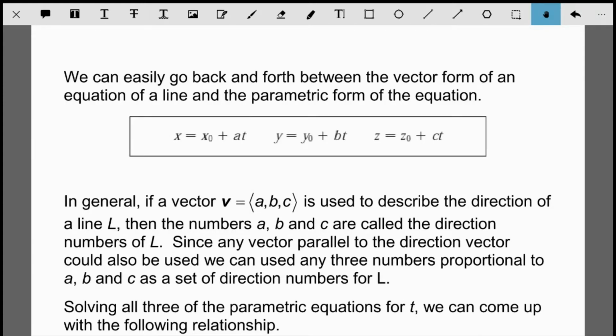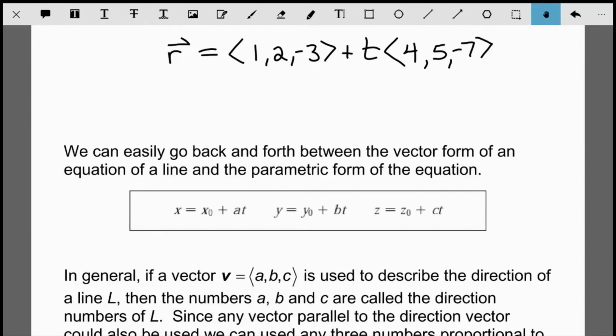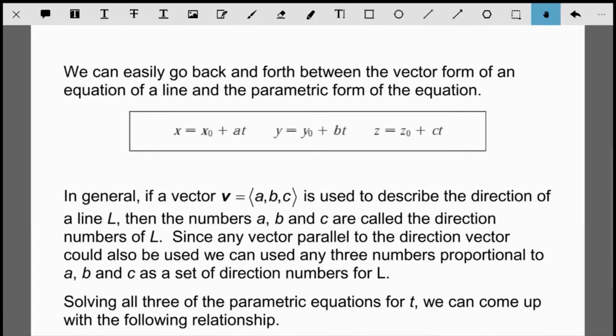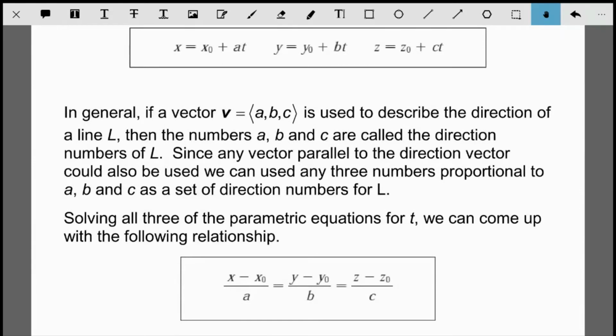For the x component, I would have 1 + 4t as the x equation. For the y equation, I would have 2 + 5t. For the z equation, I'd have -3 - 7t.